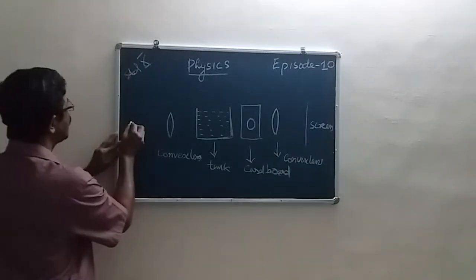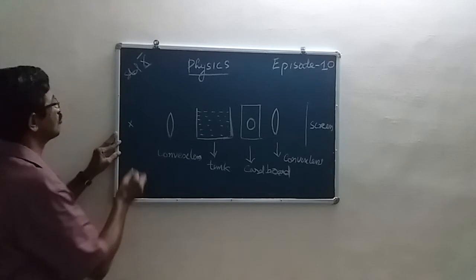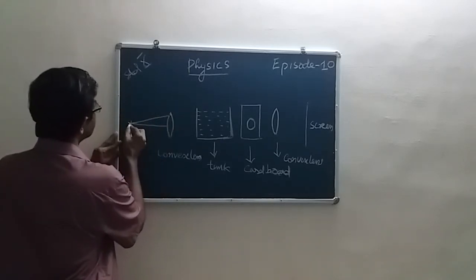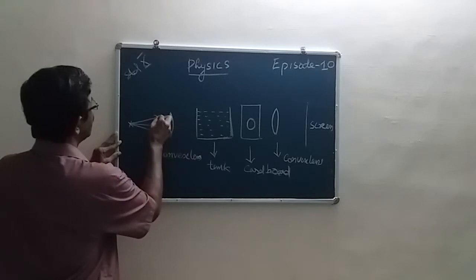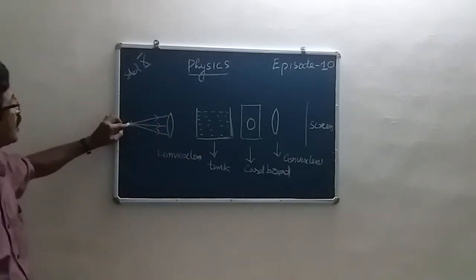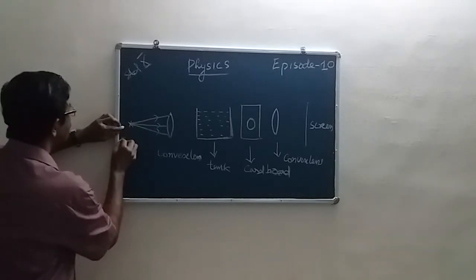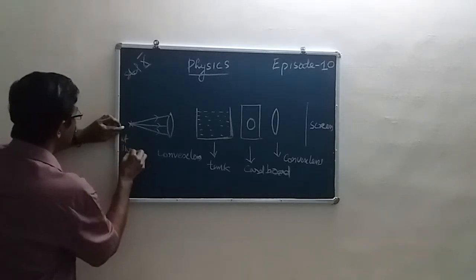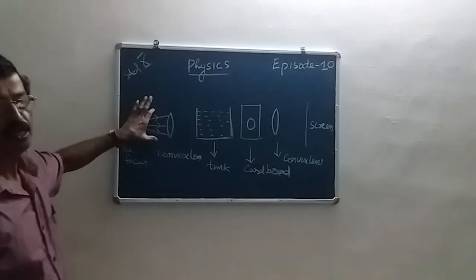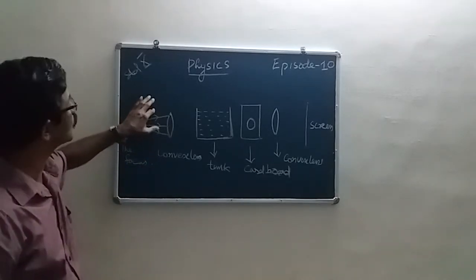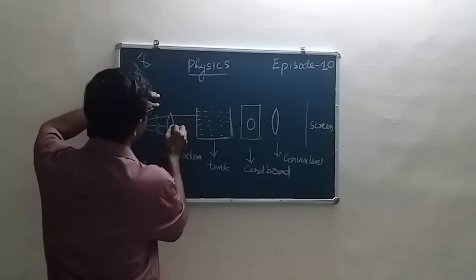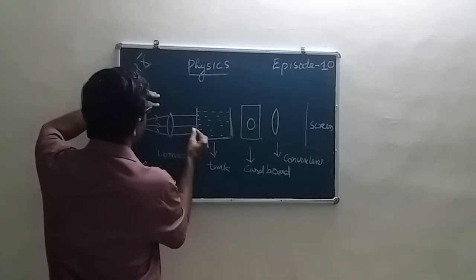Here is a bright source of light, and it is at the focus of this convex lens. So light from this becomes what? Parallel.